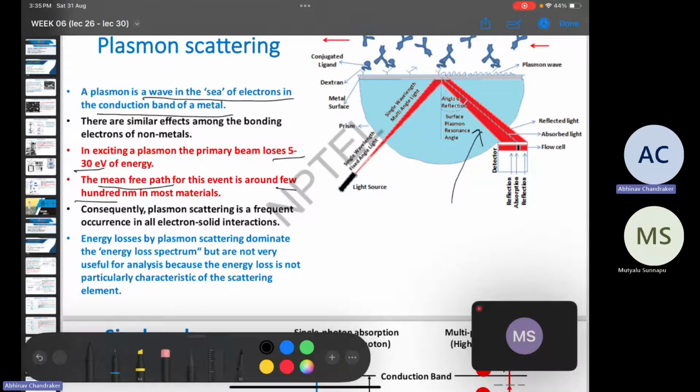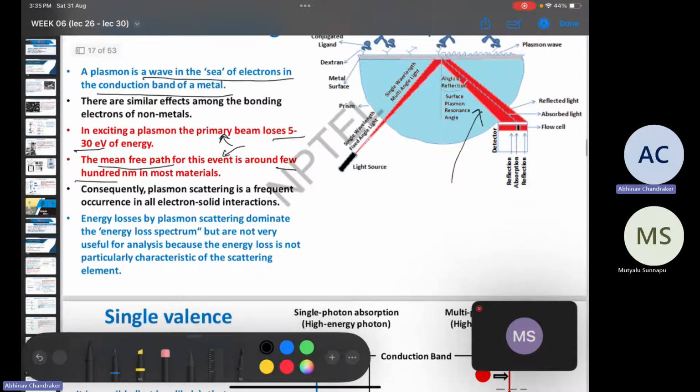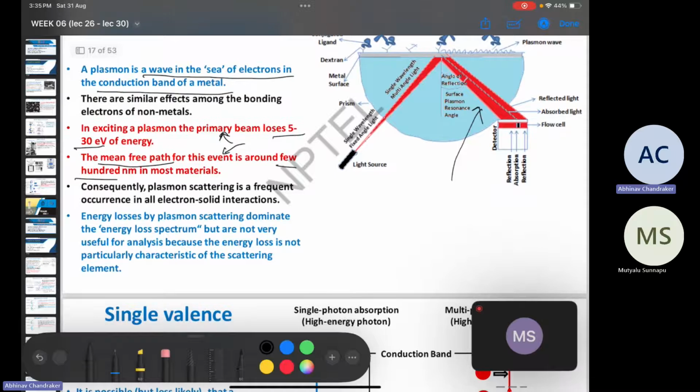So these two terms are important, the loss and the mean free path, so that you get an idea of what impact this scattering can have on your detected signal, because all of these phenomena are taking place simultaneously in SEMs and TEMs. By knowing such information as the energy loss and the mean free path, you can get an idea of how important that scattering event is.